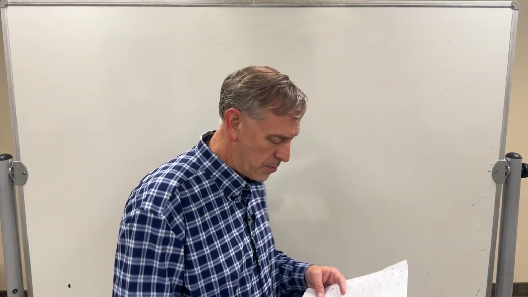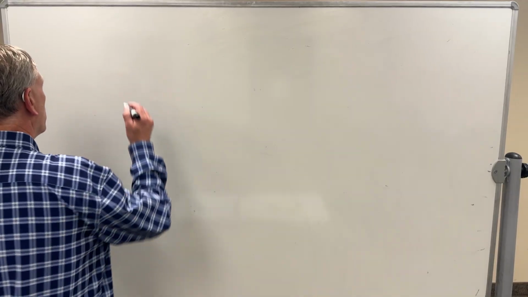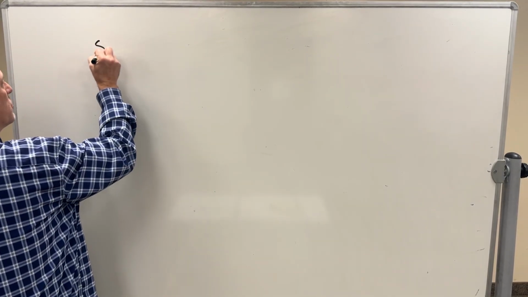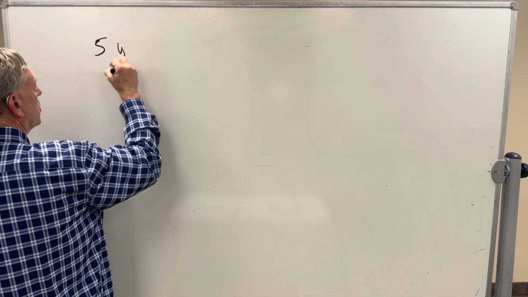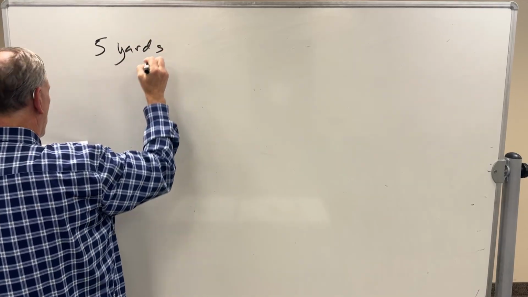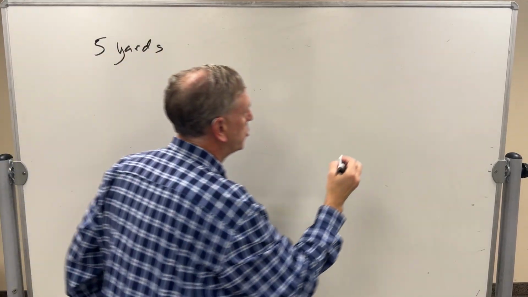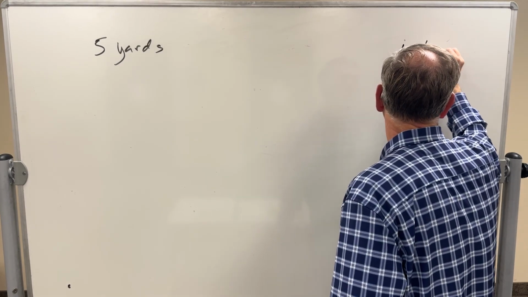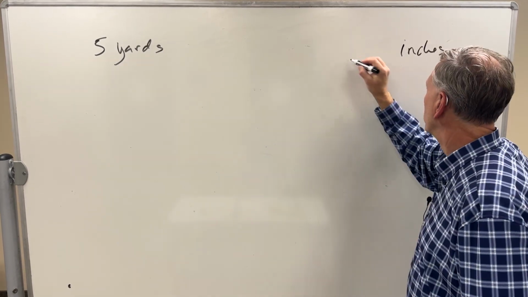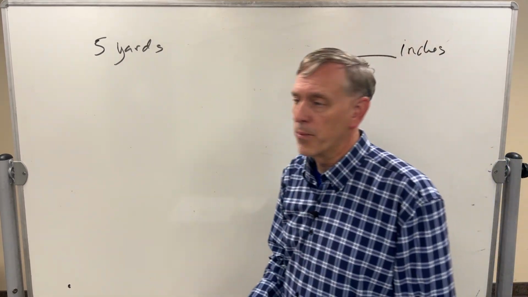Now, I'm going to do an example just within the English system. For instance, you might have 5 yards, and we want to know how many inches are in 5 yards. That's what we're looking for.